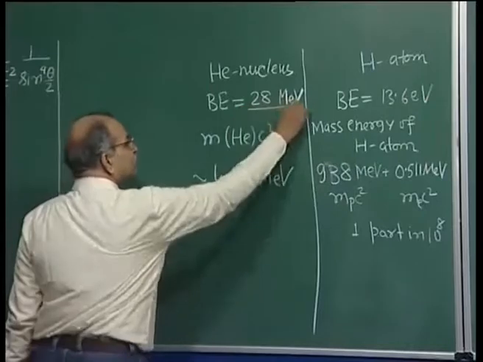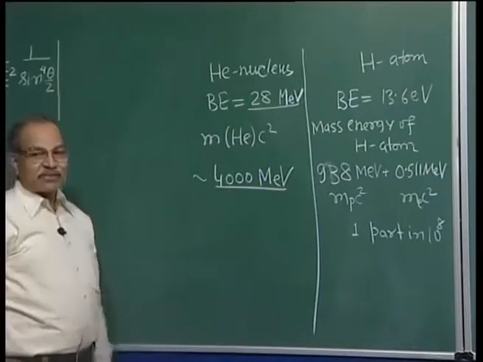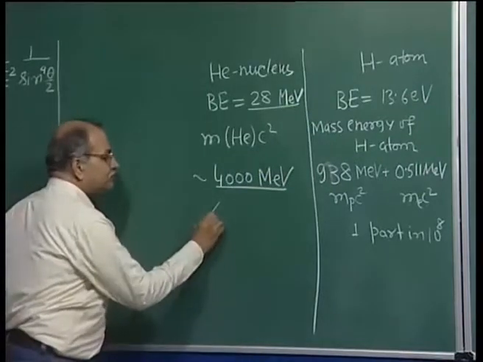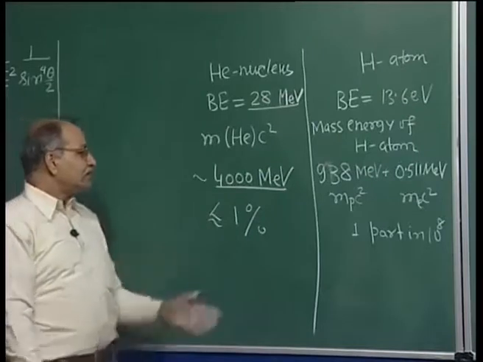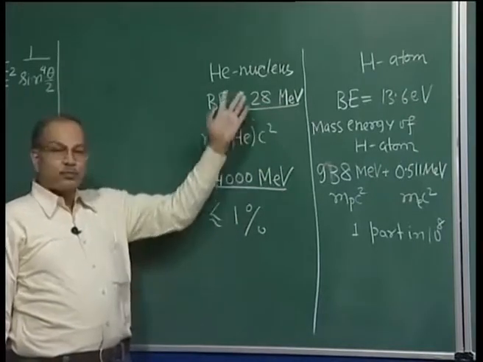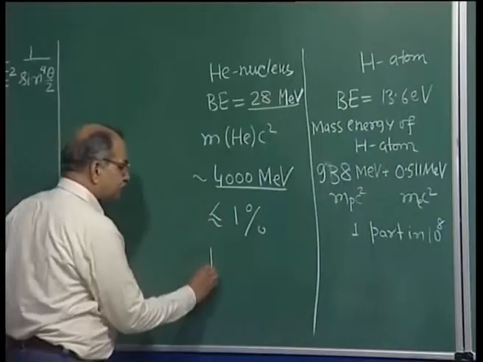This is 28 MeV, so little less than 1% of that order. So, one part in 10 to the power 2. Here it was one part in 10 to the power 8.